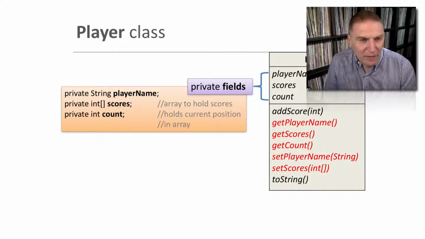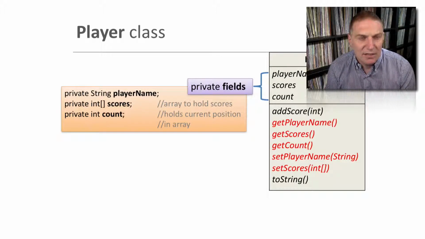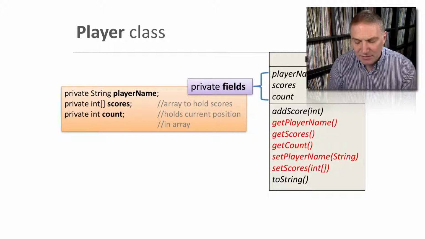Player name is just a string object. Again, we're using the word private in front of the type to say that it's only available inside of this class file, so other classes can't make use of it. Scores is an integer array, which we've just discussed, and count holds the current position in the array.